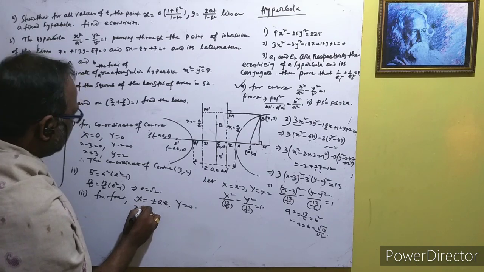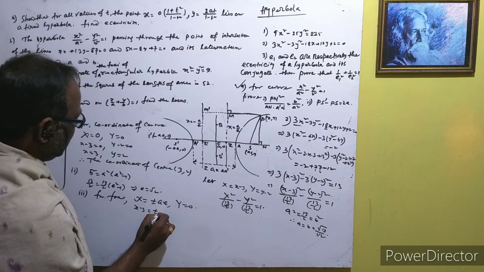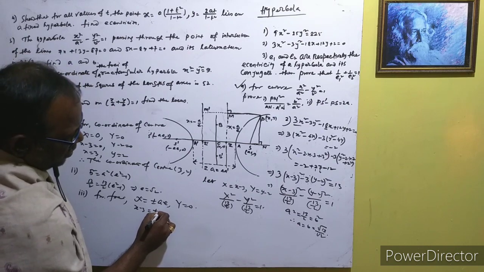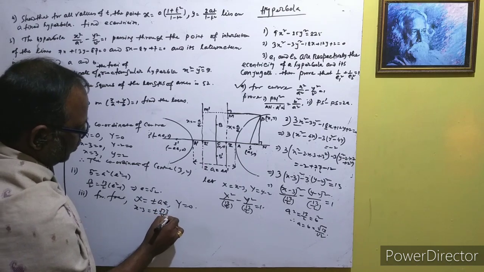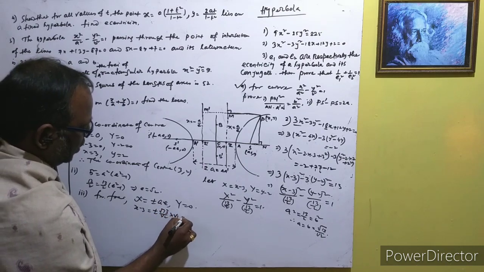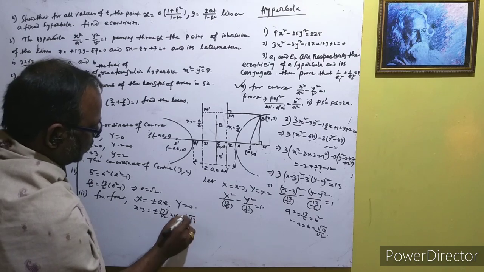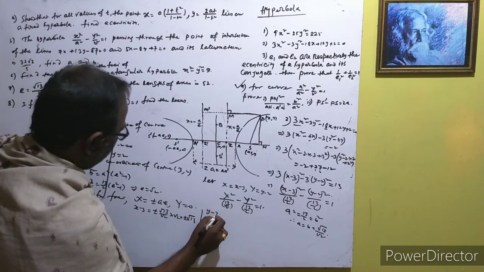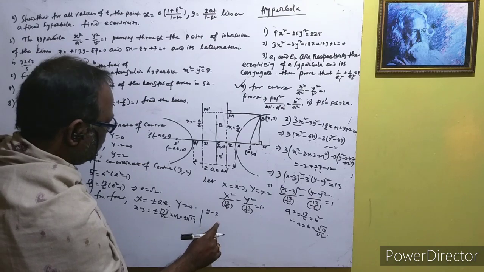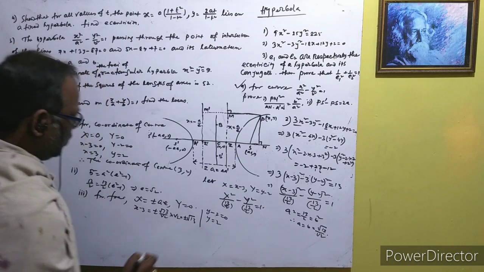So X means x minus 3, and plus minus ae means root 13 by root 2 into root 2, and that is equal to root 13, and Y means y minus 2, so y equal to 2.